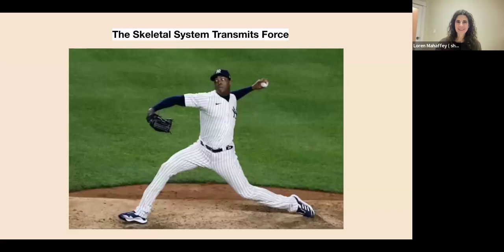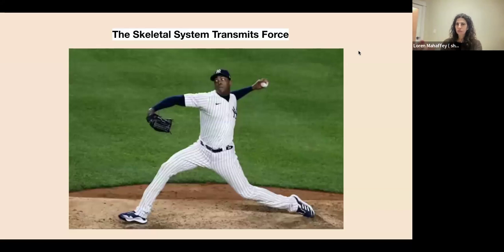Okay, next, the skeletal system transmits force. The leverage to move our bones through space is generated by our muscles, tendons, and their surrounding fascia. But the force itself is transferred and transmitted through our bones.